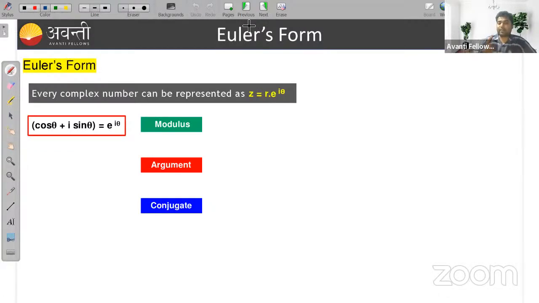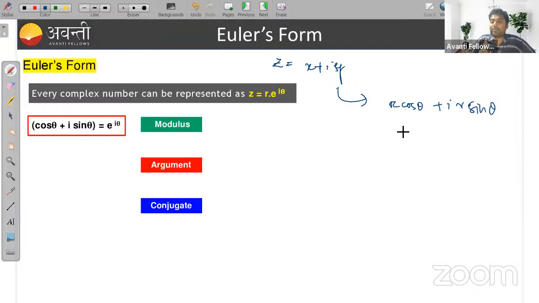Suppose z is a complex number which is x plus iy and its polar form is given as r cos theta plus ir sin theta. Suppose you have a complex number z is equal to x plus iy, and a polar form of this complex number is r cos theta plus ir sin theta. Is that clear to everyone?